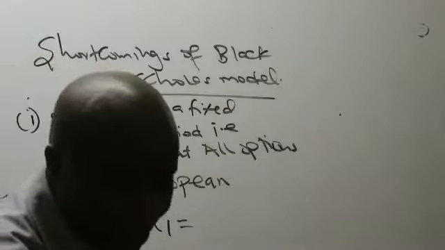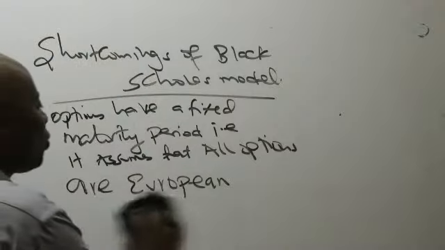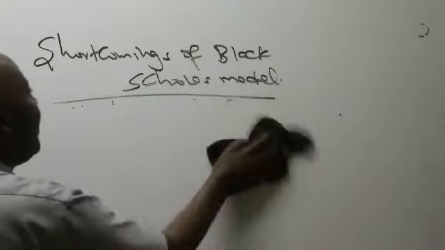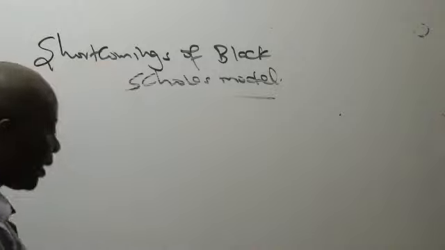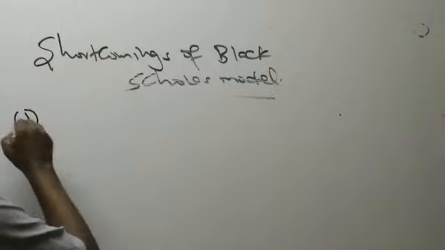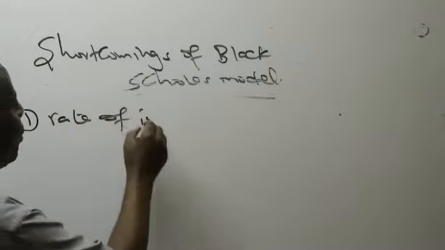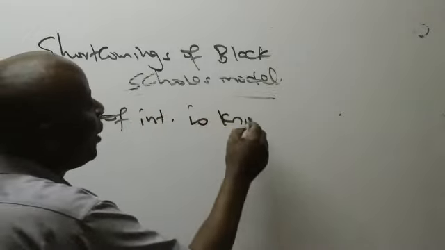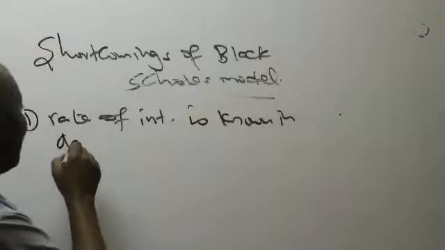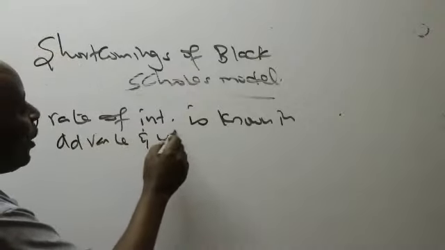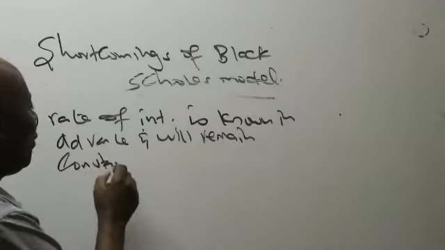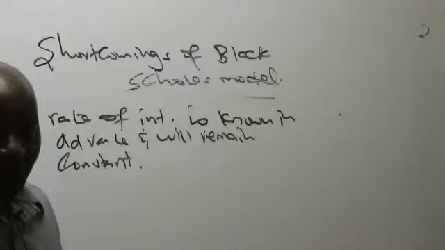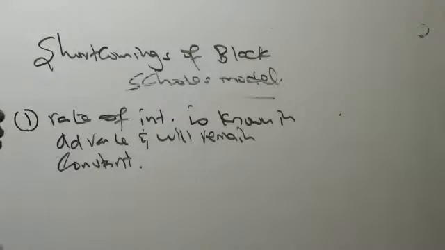Yes. So number two, the other assumption that you guys are supposed to remember very fast here is that this Black-Scholes model assumes that the rate of interest is known in advance and will remain constant.